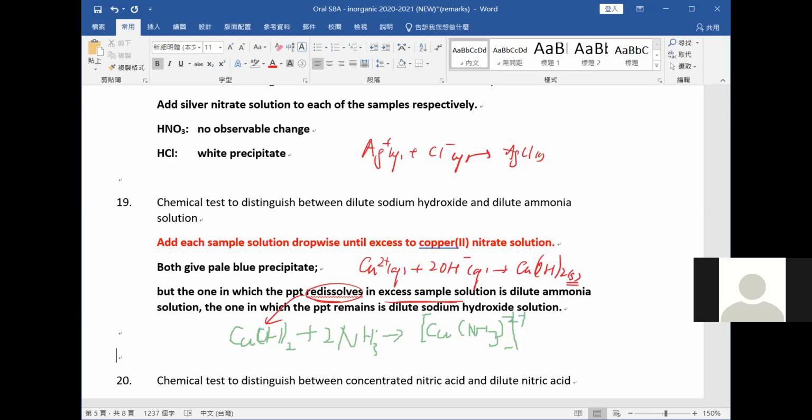You compare this one with diamine silver ion solution, right? So this one I would like to clarify with all of you. Is this ammonia is for ammonia surrounding the copper 2 ion by dative covalent bond.